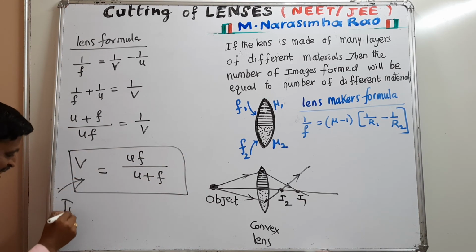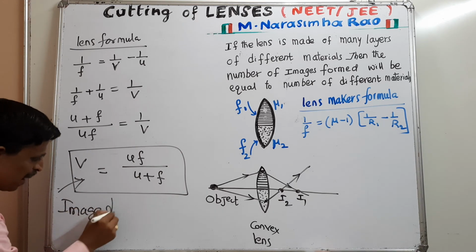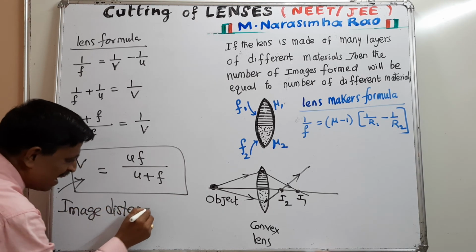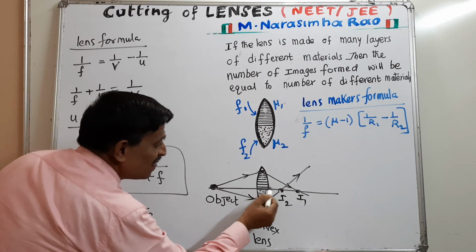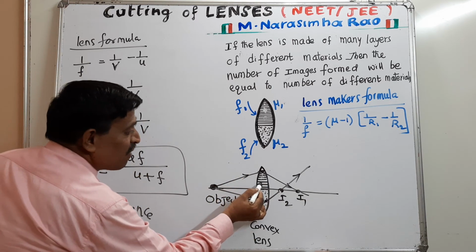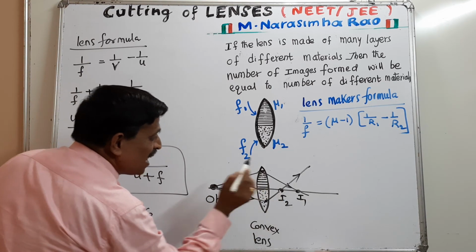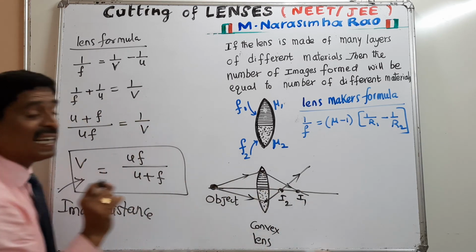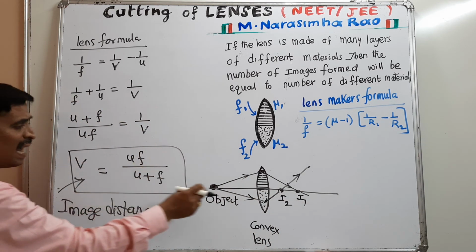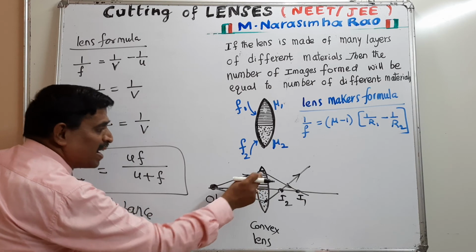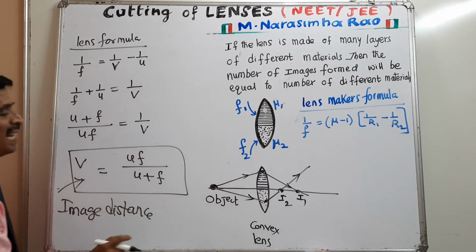Now v means image distance. Here the focal length of this material is different, and the focal length of this other material is different.